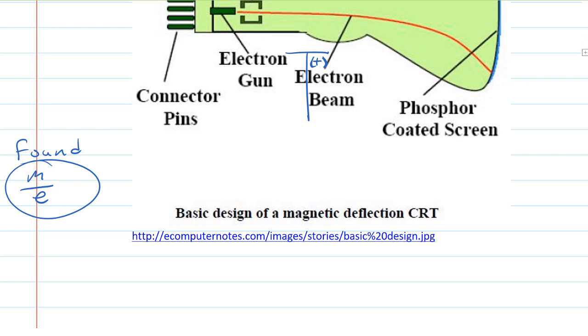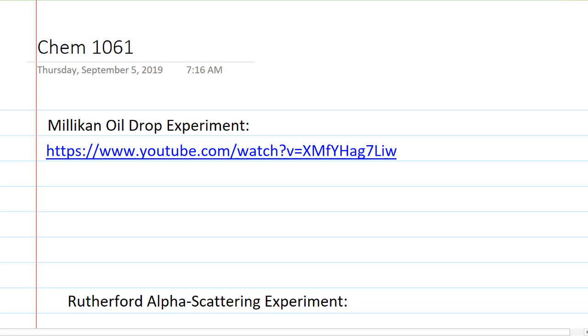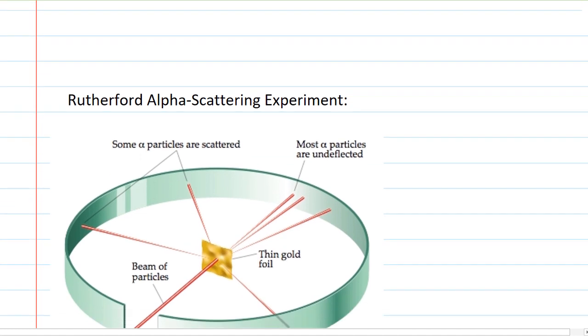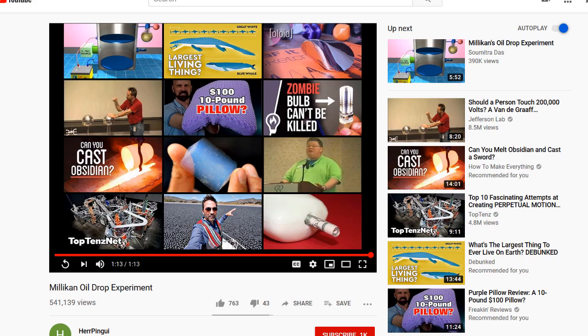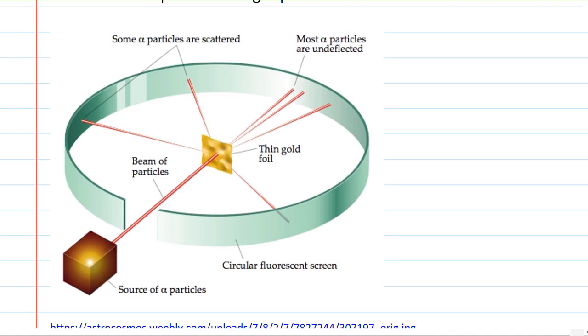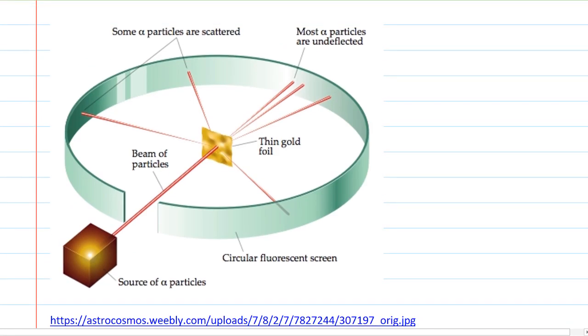And then there was an experiment by the name of Ernest Rutherford. This is an alpha scattering experiment. And as far as how this is set up, this is the basic setup of it. There was a box made of lead, and into this box made of lead there was placed what's called an alpha source.